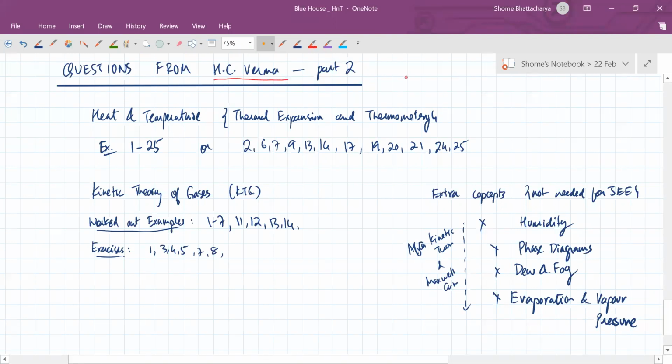From the module you have to do the in chapter exercise 3, 1, 2 and 3 along with the solved examples. Okay, Rakshit, I took you through the module. In that I showed you up to in chapter exercise 3 of kinetic theory of gases along with solved examples.